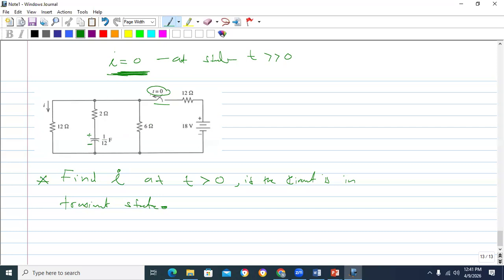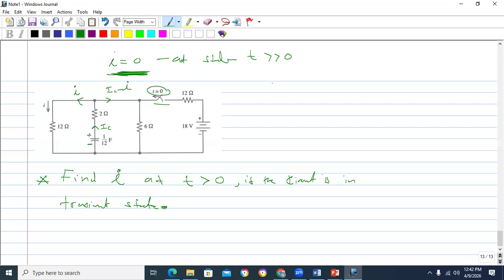When this switch is on, the capacitor is starting to discharge, so the capacitor current is flowing in this direction. One portion is going through this one, that is i. The other portion is going through this one, so that is IC minus i.